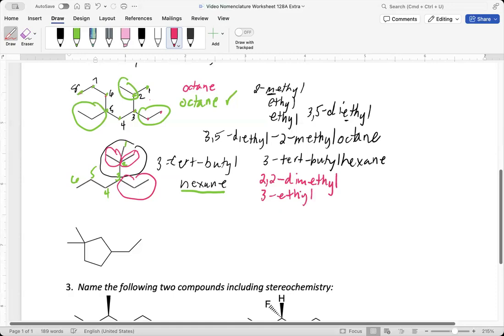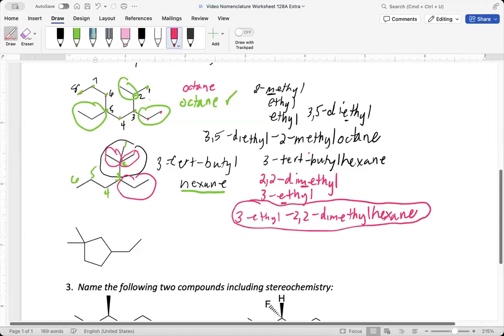Okay, so putting these together alphabetically, remember I ignore the di, so I'm alphabetizing by the E and the M. I'll get 3-ethyl-2,2-dimethylhexane. Okay, so that is another valid name for this same compound.